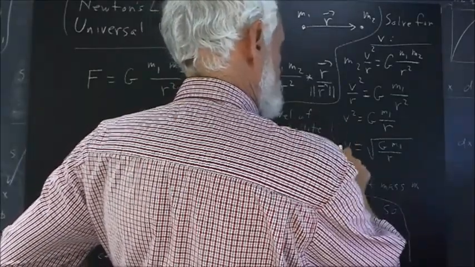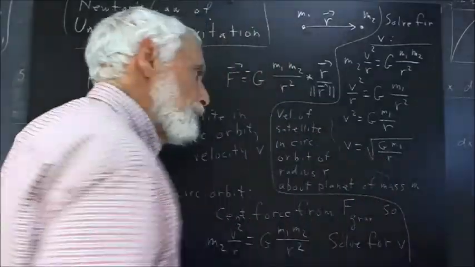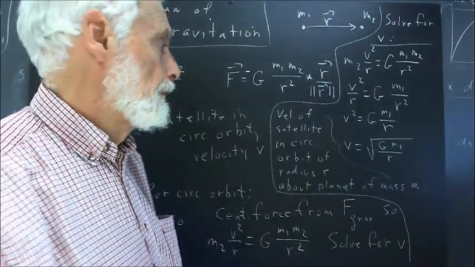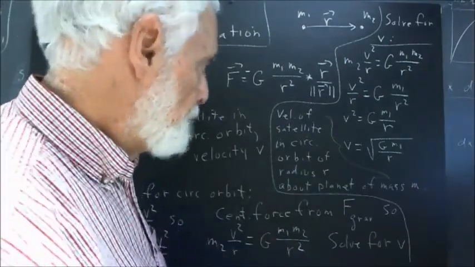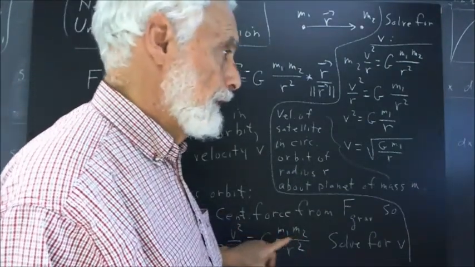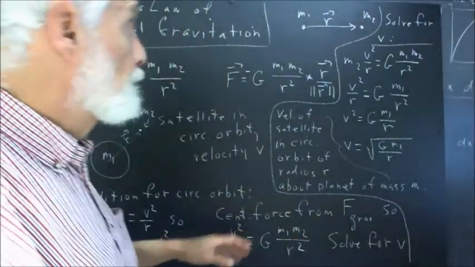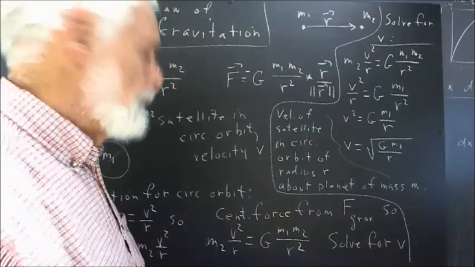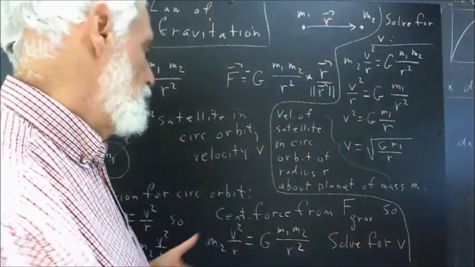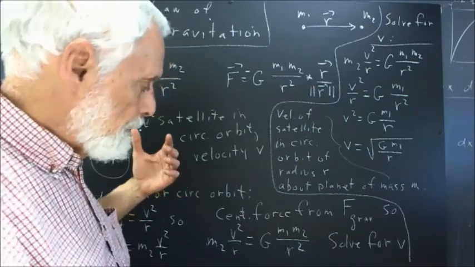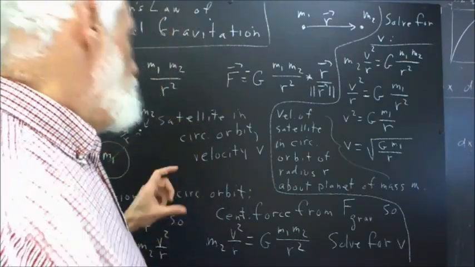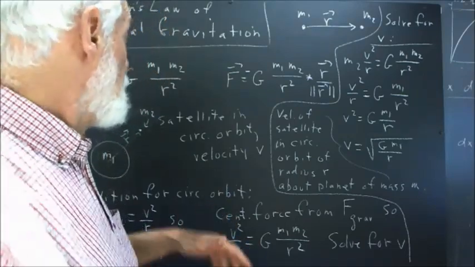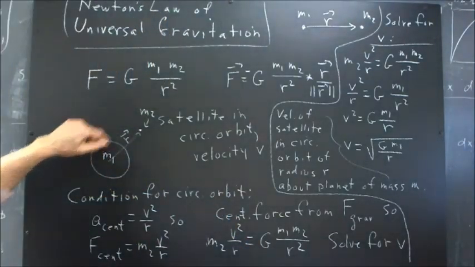So there's your formula. Notice that the mass of the satellite M2 doesn't appear here. Now this does assume that M2 is much, much less than M1. If M2 is closer to M1, then we have to change our R a little bit to accommodate the fact that the orbit is about the center of mass of the two objects, the planet and the satellite.